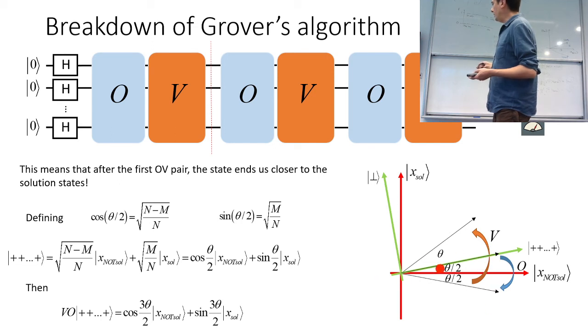So this was our initial state, and firstly it gets reflected around this not sol axis, and so that was the oracle operation, and then it will get reflected now around this plus state axis.